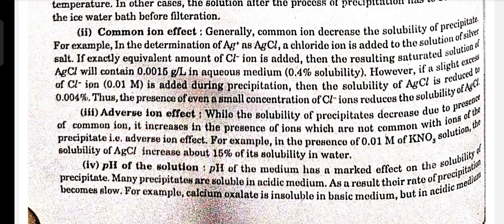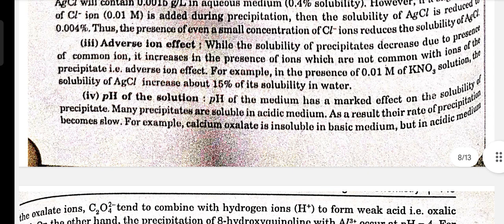For example, in the presence of 0.01 molar KNO3 solution, the solubility of AgCl increases about 15% of its solubility in water. Number 4, pH of the solution. The pH of the medium has a marked effect on the solubility of precipitates. Many precipitates are soluble in acidic medium. As a result, their rate of precipitation becomes slow.